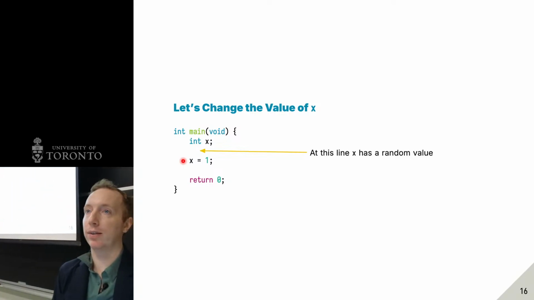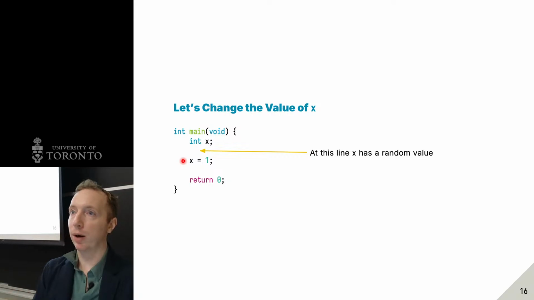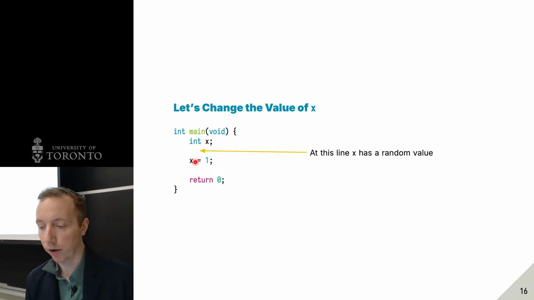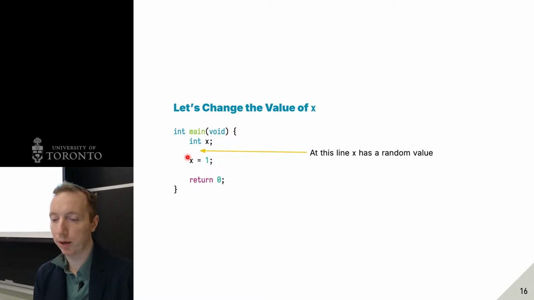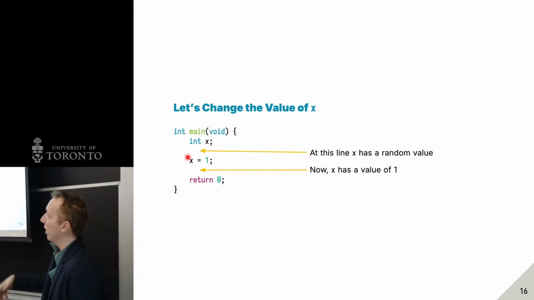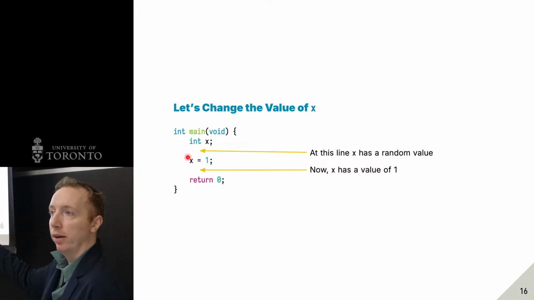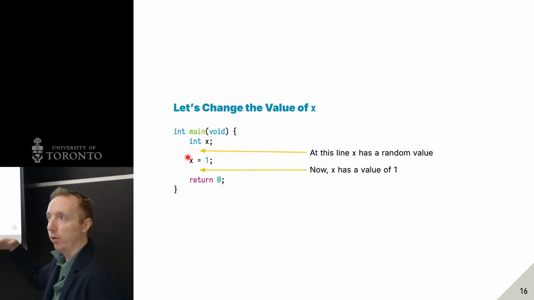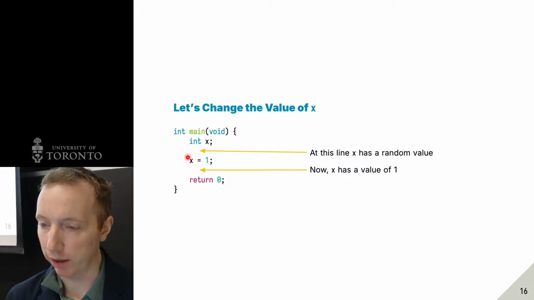All that's doing is setting aside some space to actually store that X. It doesn't actually assign a value to it. So we need to assign a value to it by doing something like X equals 1. So now, as soon as we do X equals 1, our program now knows that X has the value of 1 from this point on.